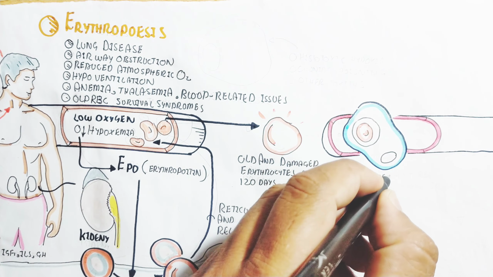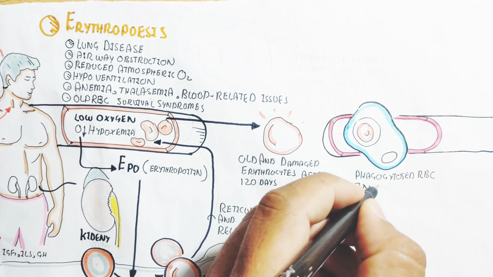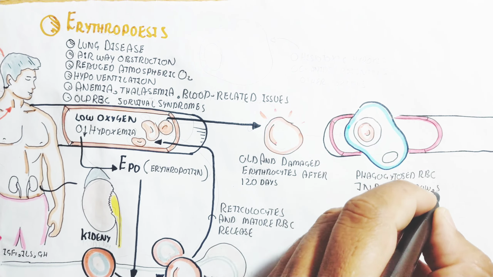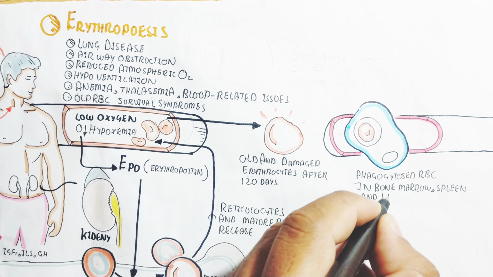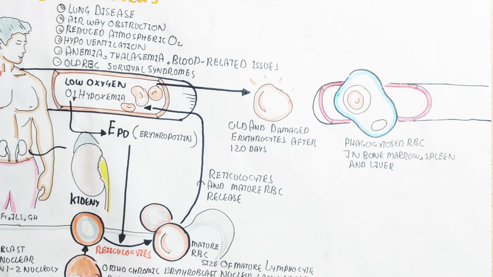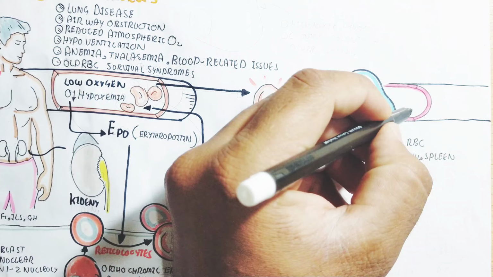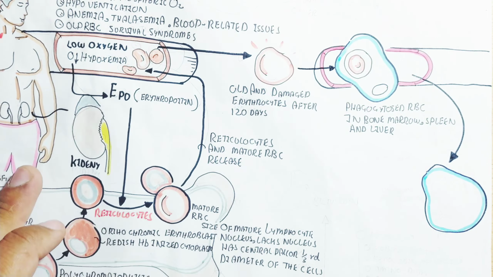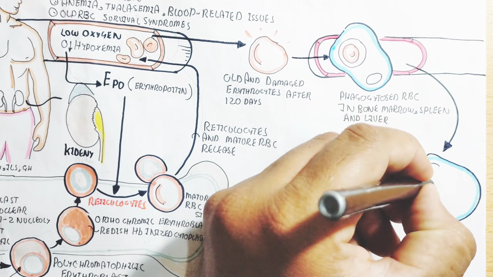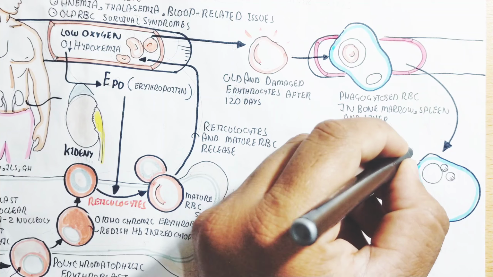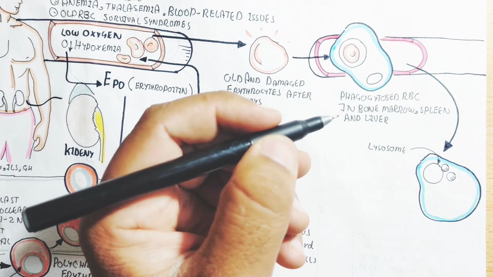The macrophage consumes this RBC to produce metabolites.